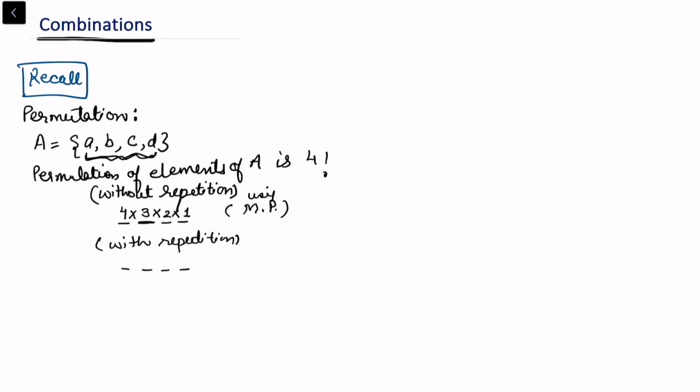For the first place there are 4 choices, A, B, C, D, any letter can come. For the second place we again have 4 choices because repetition is allowed, and then 4, 4. So this would be 4 to the power 4 if we want to permute with repetition, again using the multiplication principle.